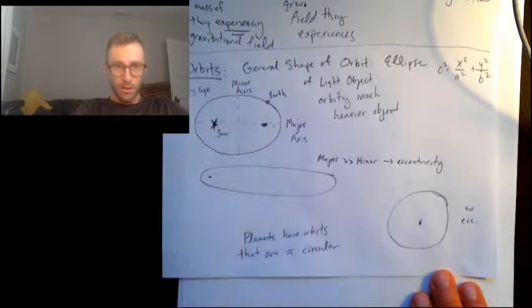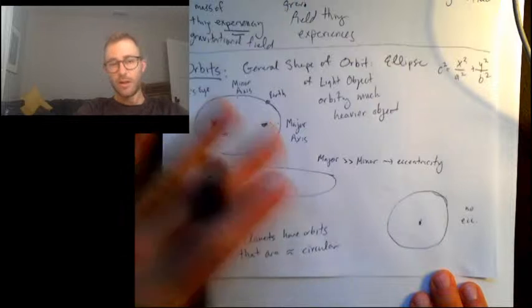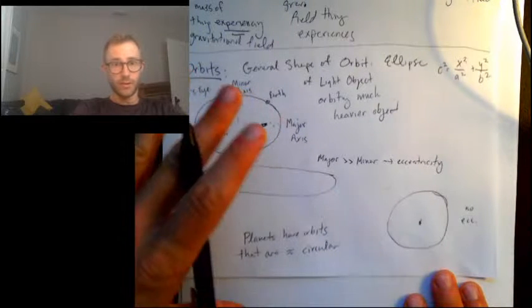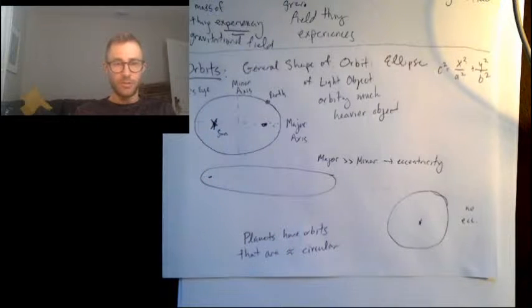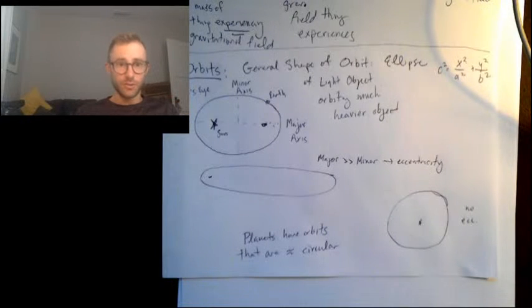They're not perfect circles, but they're close enough to perfect circles that we're just going to ignore the fact that they're ellipses. Because the analysis of orbits in terms of thinking of them as ellipses is a lot more complicated than just thinking about it as a circle. So we're just going to assume everything has a circular orbit. All right.